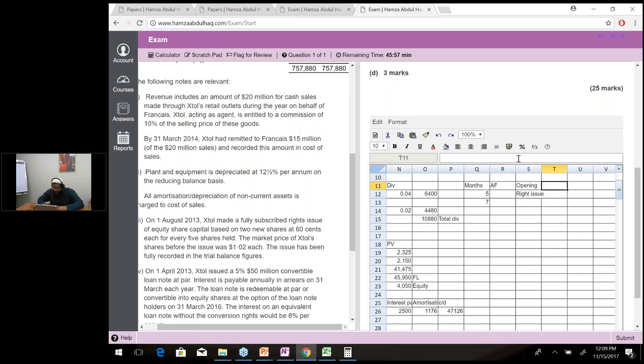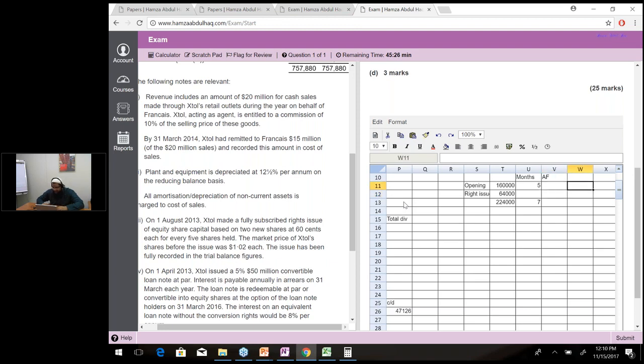So the opening was 160, the rights issue is 64, so the total of these is 224, and I'm cutting the number of months, pasting it over here. Now I have to apply the adjustment factor as well. Adjustment factor is applied before the rights issue. Yes, Neeraj, we are calculating the EPS.